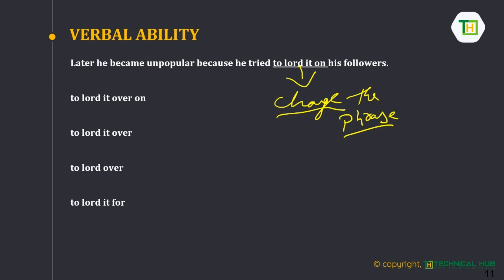Lord it over and lord it on are the same, so this is a mistake. Lord it cannot be used at all. Later, he became unpopular because he tried to lord over his followers. Over means taking charge upon someone. So this is the right answer.